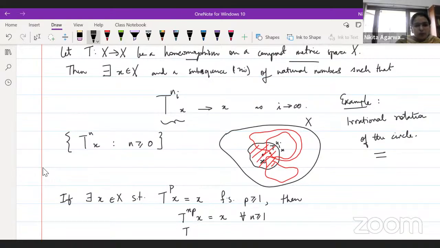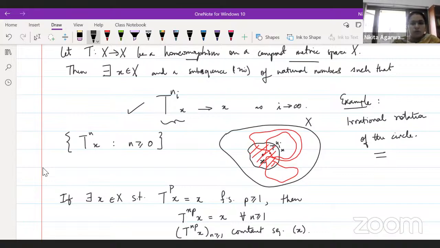And therefore, if you look at this sequence T^{np} x as n varies, that is a constant sequence x, right? So obviously it converges to this. So if you know that your homeomorphism has a fixed point or a periodic point, then always this theorem is satisfied.